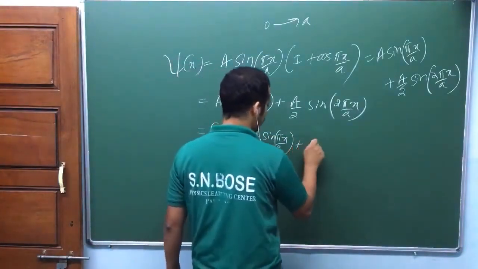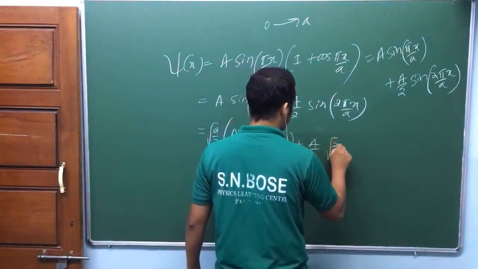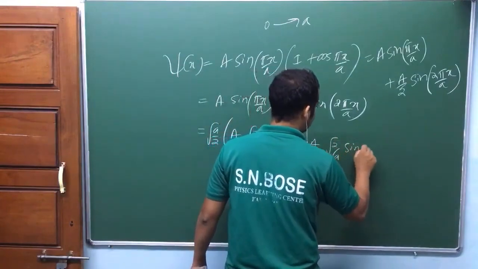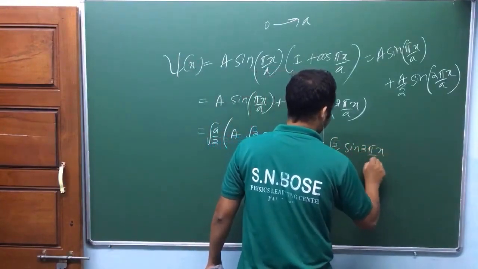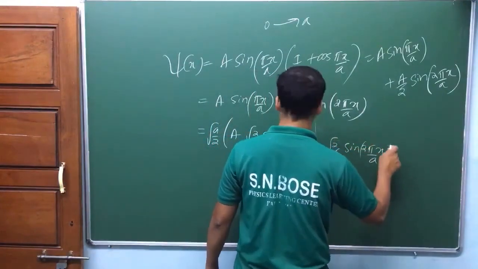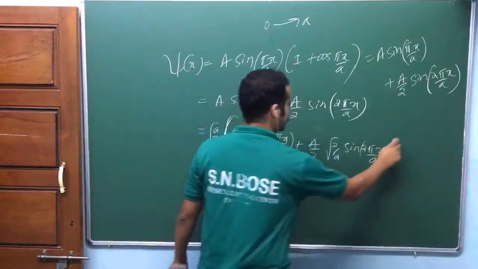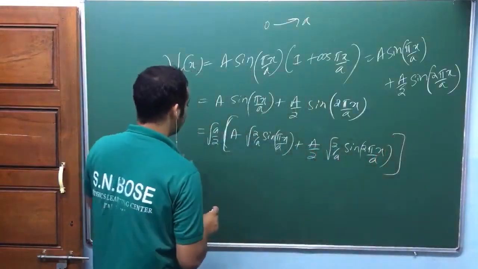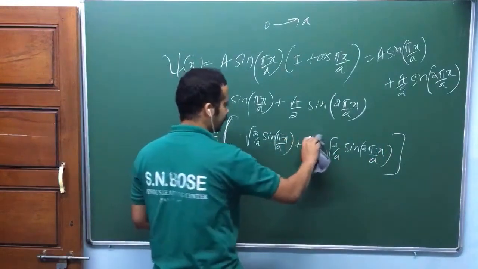Speak out: A by 2 root of 2 by A sine 2 pi x by A. Let me take A also outside. That's the best idea.